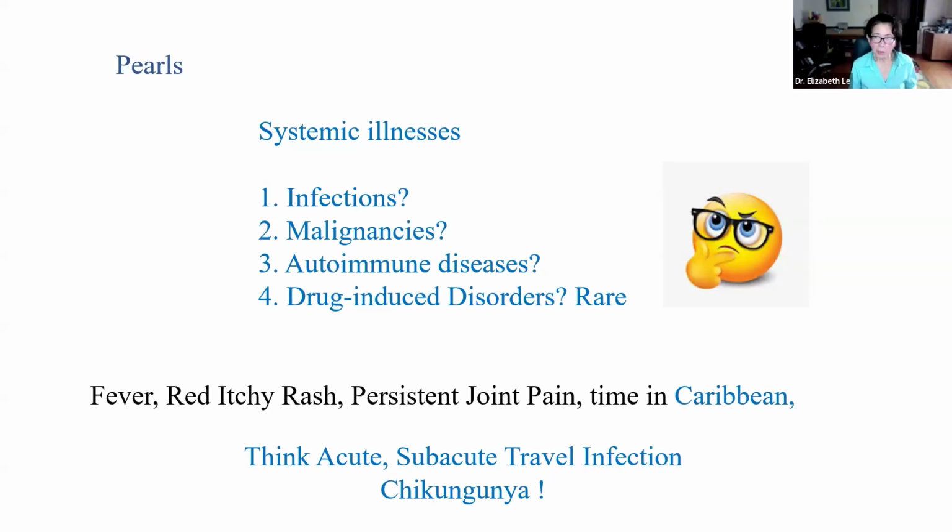And now she had persistent joint pain in her hands and feet. And she spent about 4 weeks in the Caribbean islands. So this is most likely an infection, but think whether it is acute or subacute with travel infection. And Caribbean island, let's think chikungunya. Next slide.